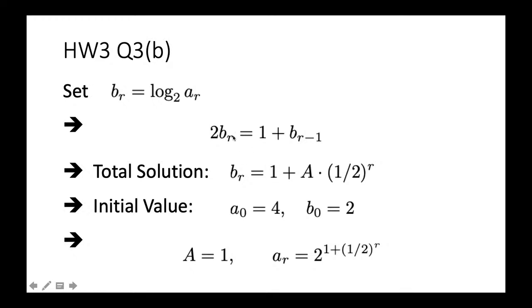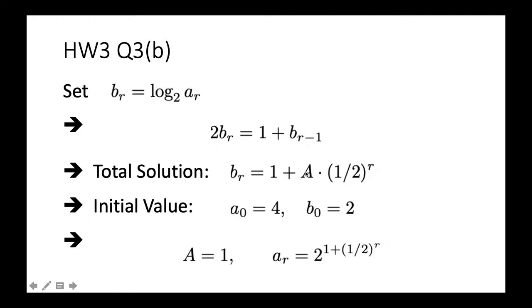When BR is equal to 1, 2 times 1 is equal to 1 plus 1. So this one represents the particular solution. And then the homogeneous solution is of the form A times 1 over 2 to the power R. So now we have the form for BR.